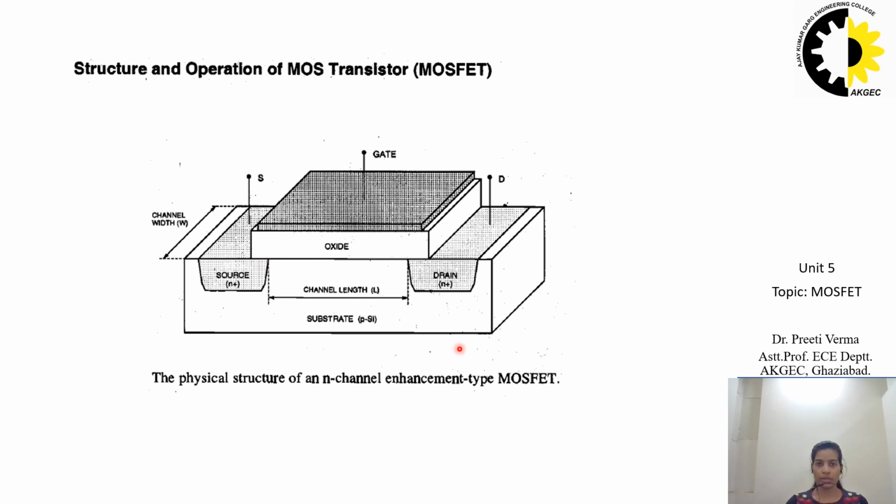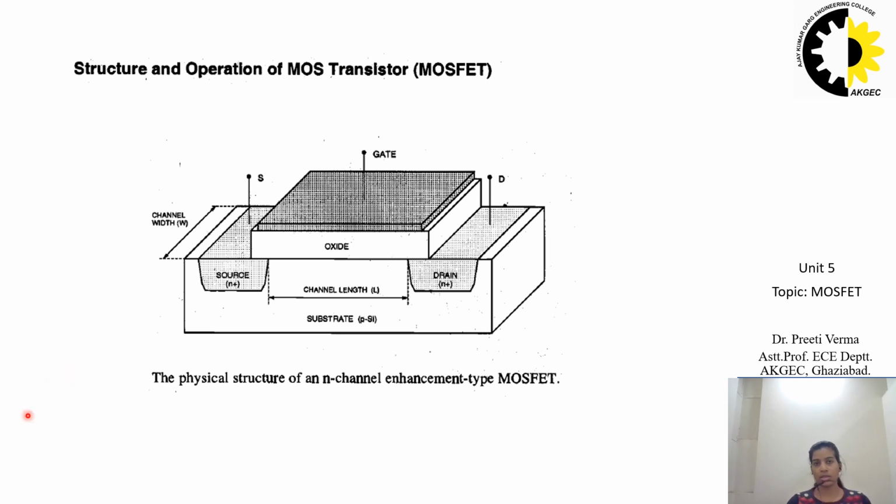At the top of this P-type substrate, we have an oxide layer in the middle, and above this oxide layer a metal layer, or as we have seen during the study of the MOS capacitor, we can have a metal gate or a polysilicon gate due to its advantage of stability at high temperatures.